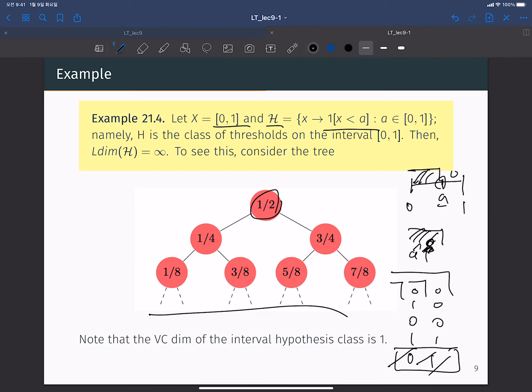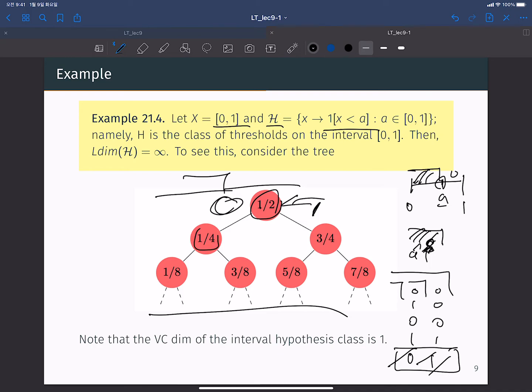For the first level, the root node, you can set 1 over 2. So there is a subclass of this hypothesis class, a subset of the hypothesis set, that has 0 response and that has 1 response.